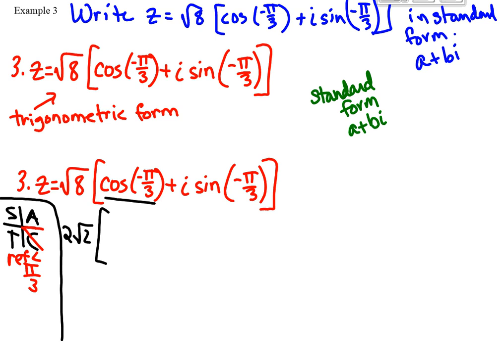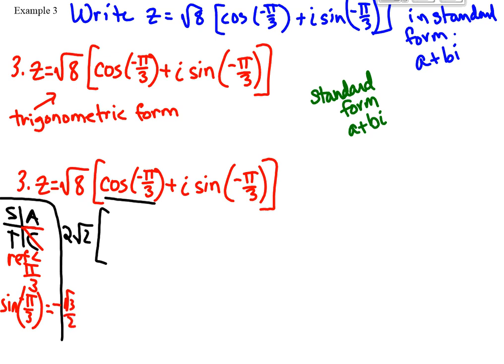The sine of negative pi over 3 will be negative. Thinking about where pi over 3 is, that will be negative square root of 3 over 2.